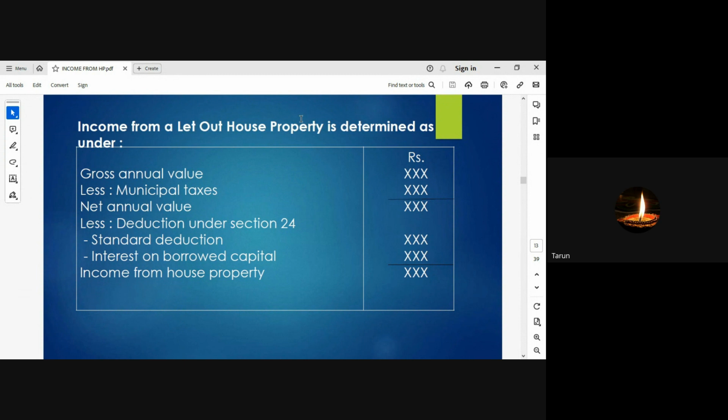Once you deduct these two from the net annual value, you get the income from house property. This is the overall format when you calculate the income of properties which are already let out, right?